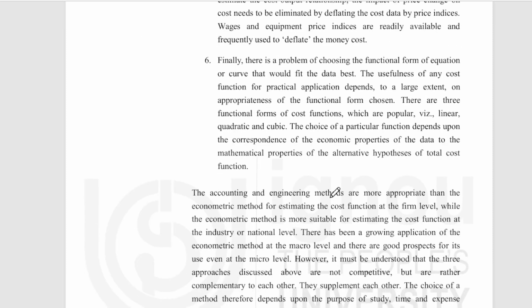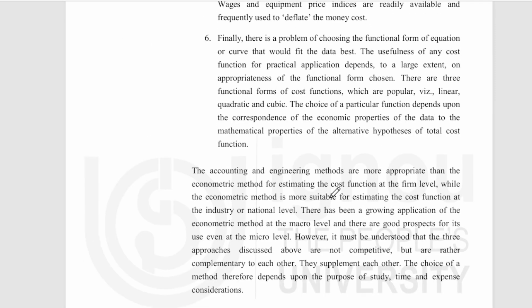And finally, there is a problem of choosing the functional form of equation or curve that would fit the data best. And the accounting and engineering methods are more appropriate than the econometric method for estimating the cost function at the firm level, while the econometric method is more suitable for estimating the cost function at the industry or national level.